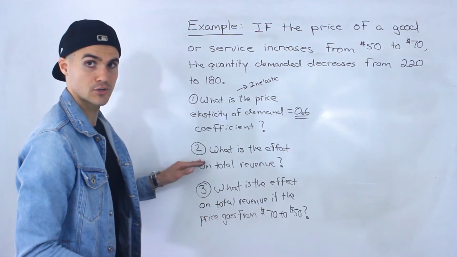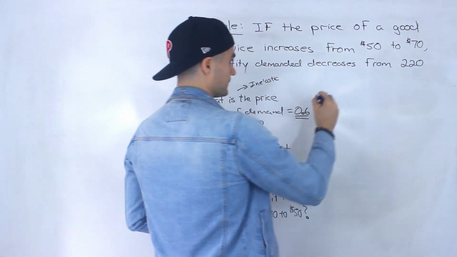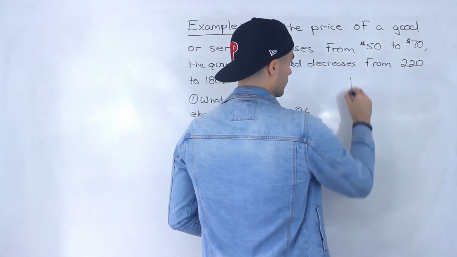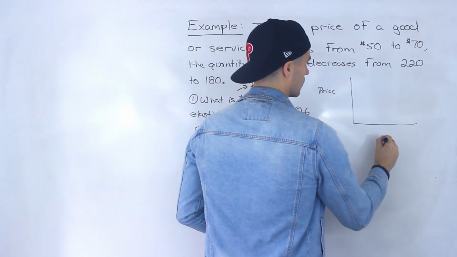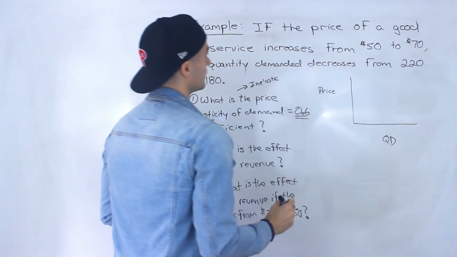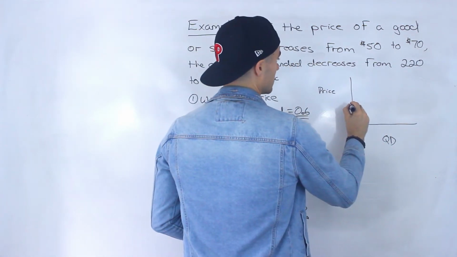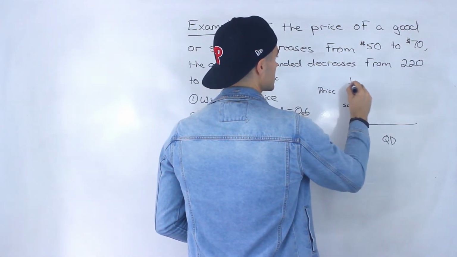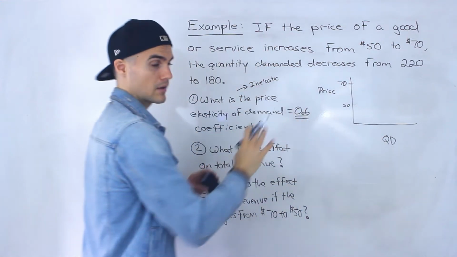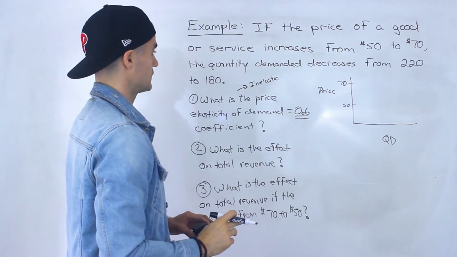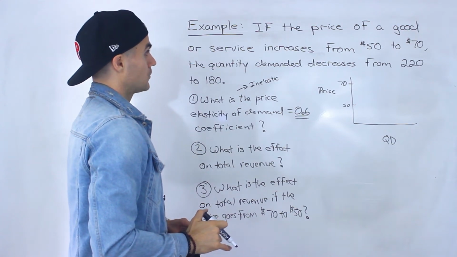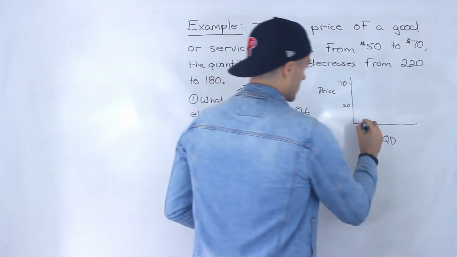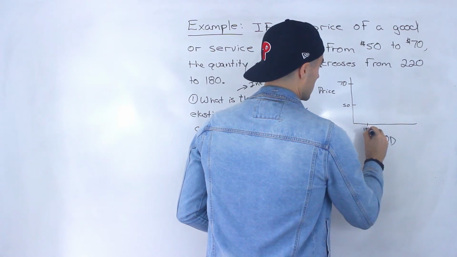So what is the effect on total revenue? Well, what I'm actually going to do is visually first display this. So we got price, we got quantity demanded. So the price went from 50 to 70. This is not to scale, by the way. Just kind of showing how it looks visually. And then the quantity demanded went from 220 to 180. So 180 is going to be here.